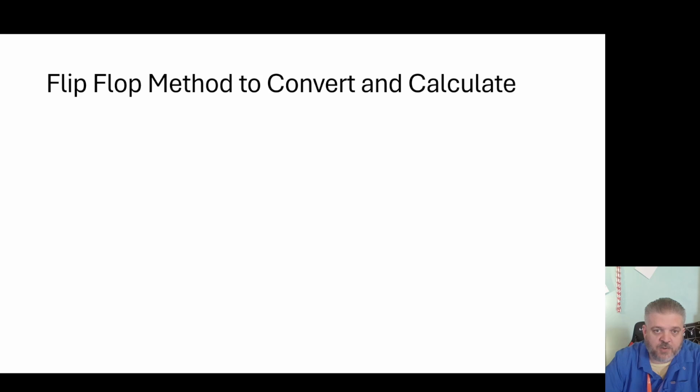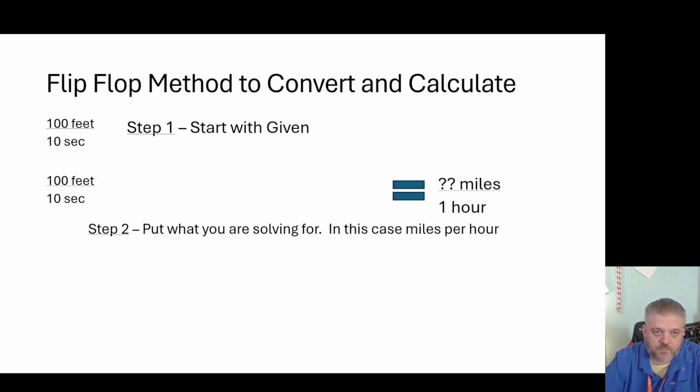I'm sure there's a million other ways to do it, but I found this very simple and easy. The first step, we start with what is given: 100 feet per 10 seconds. The next step, all the way out to the far right, we write equals and what we're trying to solve for. In this case, we're trying to convert feet per second to miles per hour.